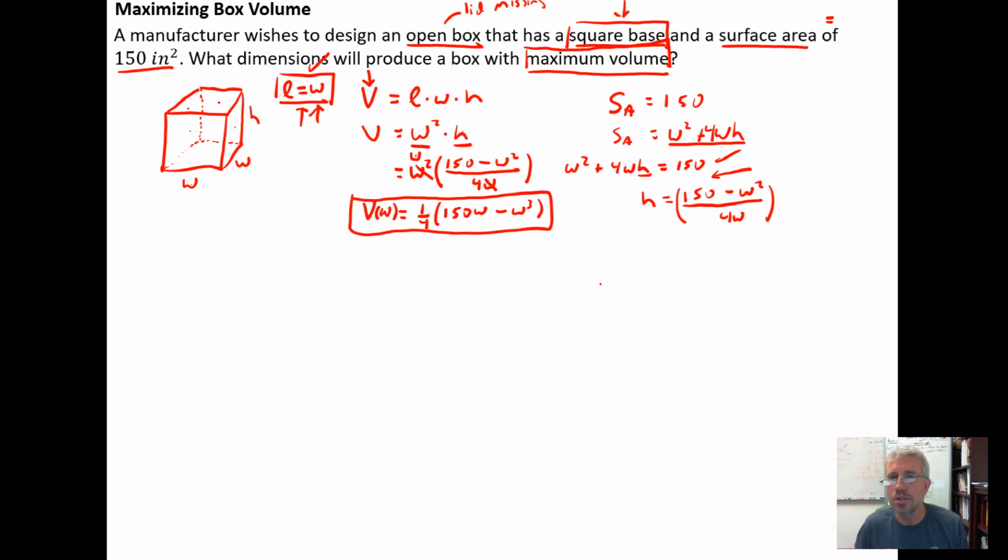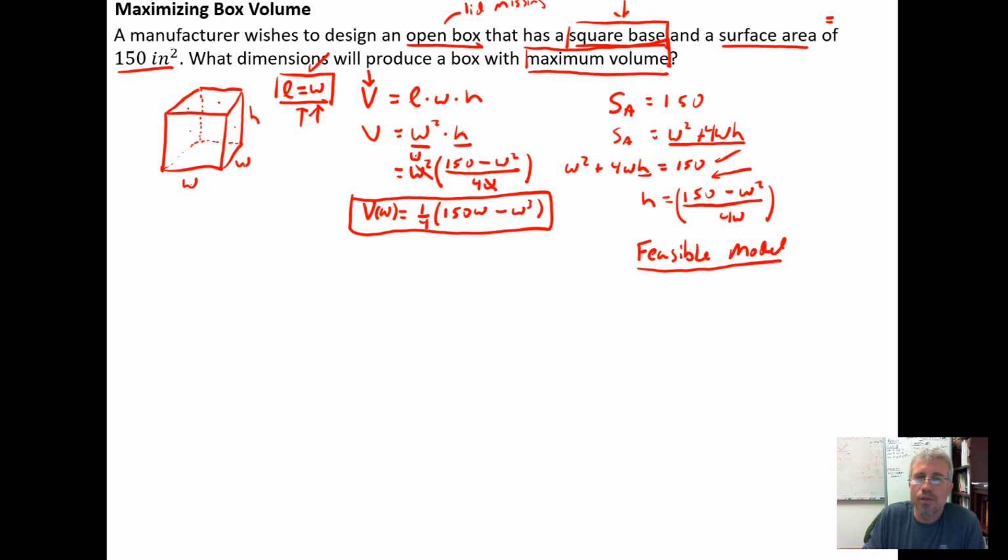I want to determine a feasible domain for this model, or a contextual domain for this model. So one way to do that is just to think about extremes. We know that the width can't be negative because box dimensions aren't going to be negative.